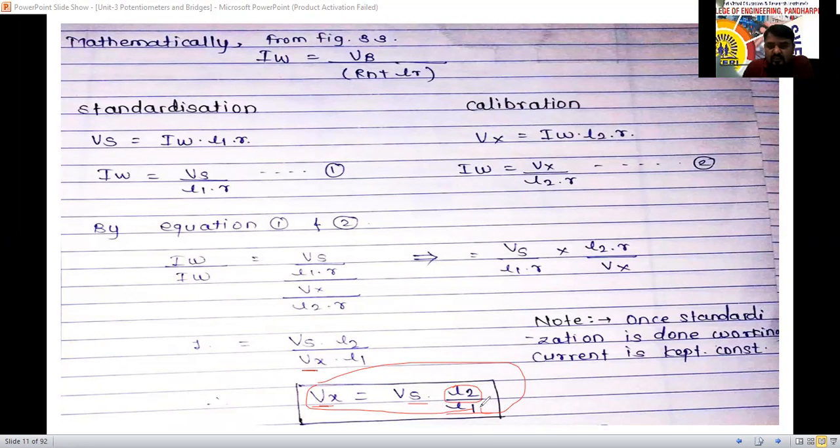So L1 is the total length, and L2 is only up to that point that we consider. That is the formula for measuring the unknown voltage. It completes the slide wire potentiometer diagram.